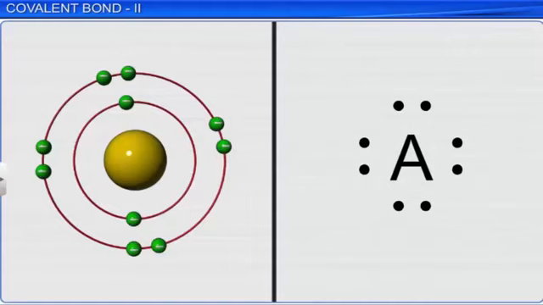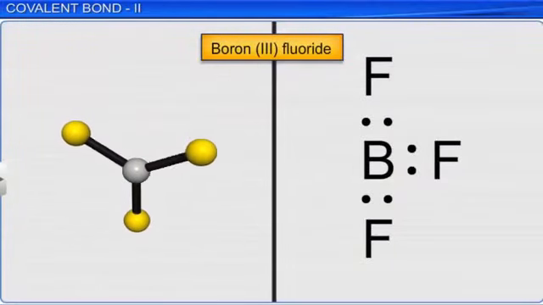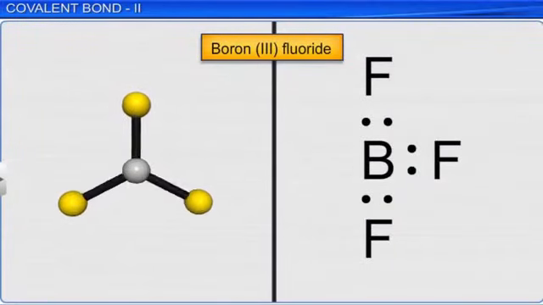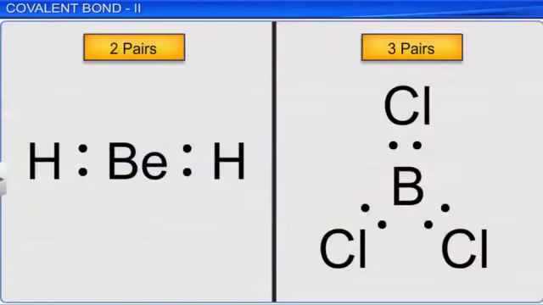However, there are some molecules in nature that do not follow the octet rule. In some molecules, the number of electrons surrounding the central atom is less than 8. For example, beryllium hydride and boron trichloride have 2 and 3 pairs of electrons respectively surrounding the central atom.